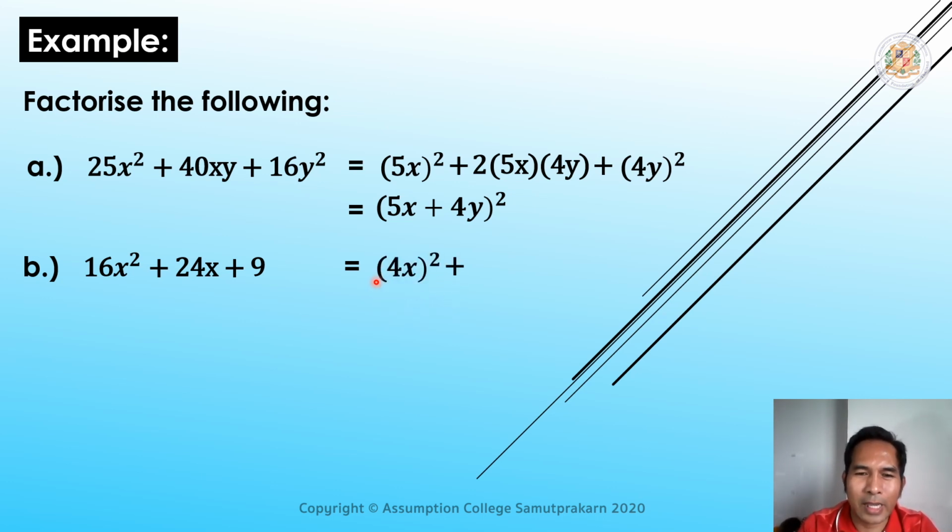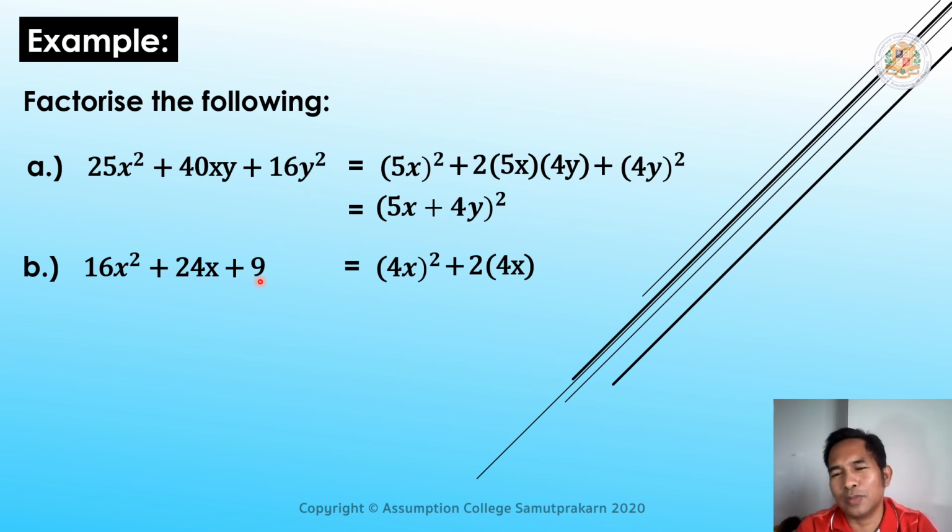Plus, the formula is a squared plus 2ab. This is a squared, so that means this whole quantity inside the bracket is a, 4x. 2ab. That means the square root of this one is b.